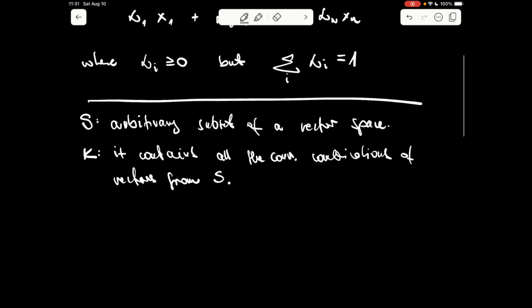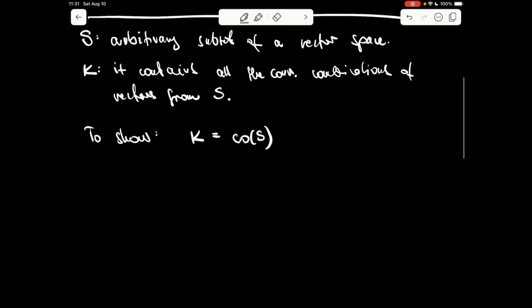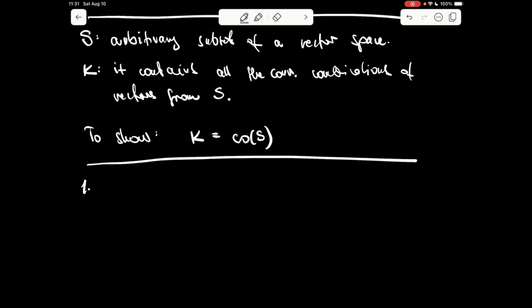And we need to show that K is the smallest convex set containing S. The proof is similar to problem 3. We have 2 steps.